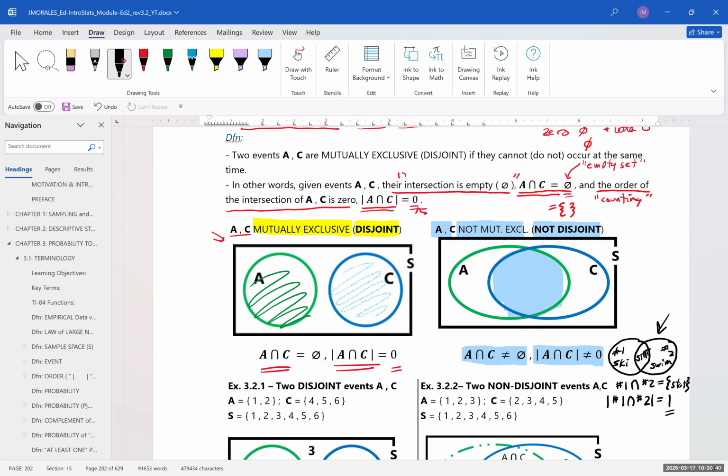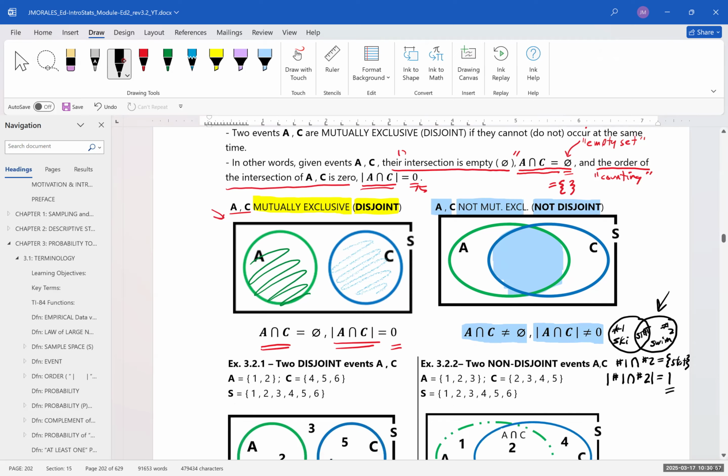Okay, so maybe that helped you understand this concept of two events being mutually exclusive or non-mutually exclusive, being disjoint or not disjoint. Now let's carry that understanding over to a more numerical example.